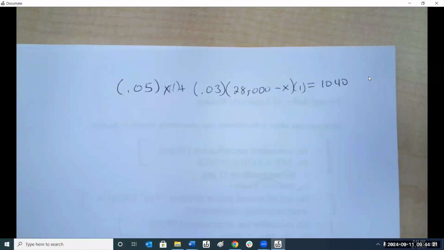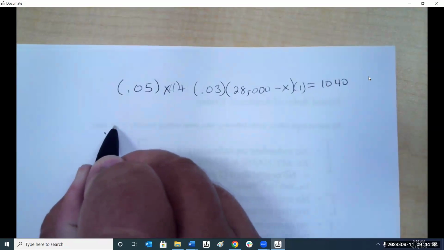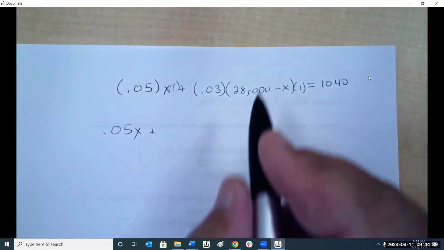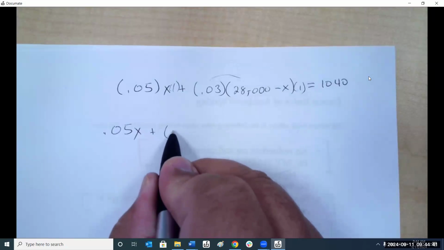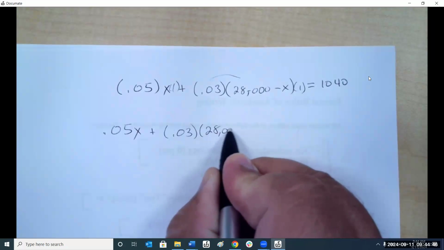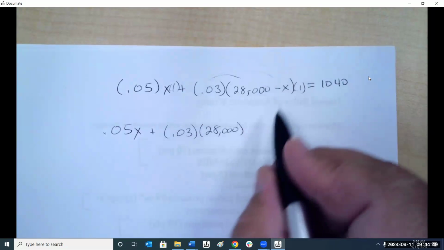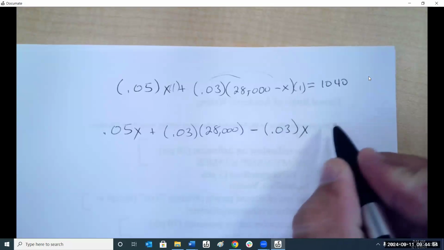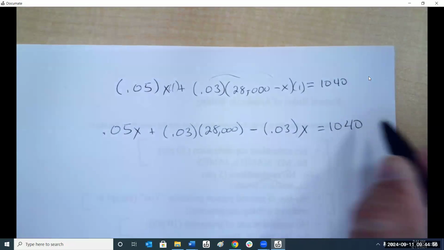So what we're gonna do here is what? We're solving for what? And what does X represent? How much we borrowed under 5% interest, right? So we have 0.05x, so we have 0.03 times 28,000 minus 0.03x equals 1040.